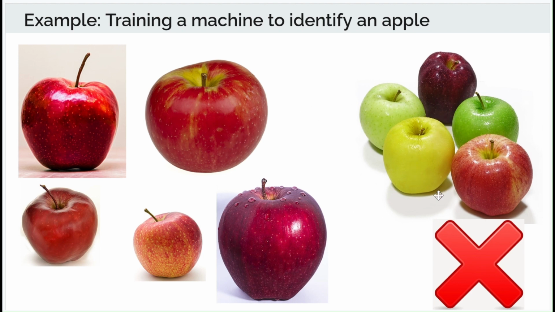So yes, the machine will get confused, and it will lead to a wrong learning, leading to a wrong prediction in future. Okay, so you have to make sure that you make it learn individual apples one by one.